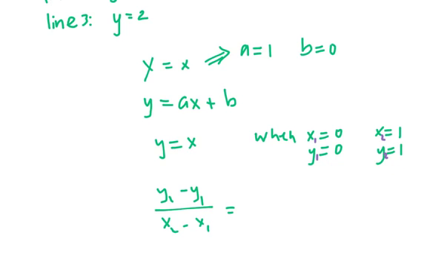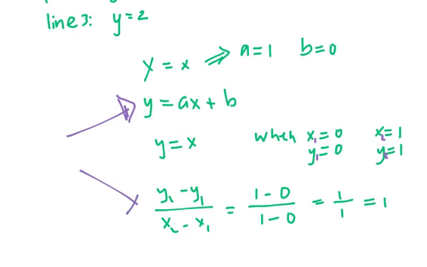So y2 minus y1 is 1 minus 0, and x2 minus x1 is 1 minus 0. This leaves us with 1 divided by 1, which is 1. Either method is able to show you that the gradient of line 2 is 1.